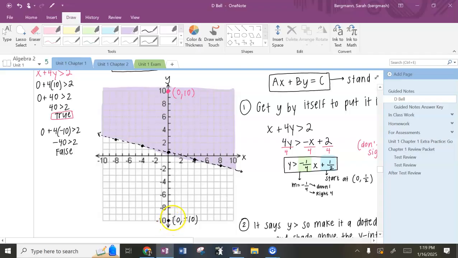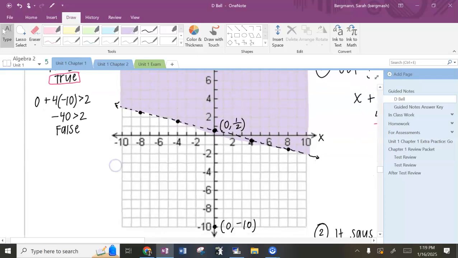This is telling me that all the points that are shaded will make the inequality true. All the points that are not shaded will make the inequality false. What about the points on the line? Let's check this y-intercept, 0, 1/2. If you plug in 0 for x and 1/2 for y, you get half of 4, which is 2. 2 plus 0 is 2.